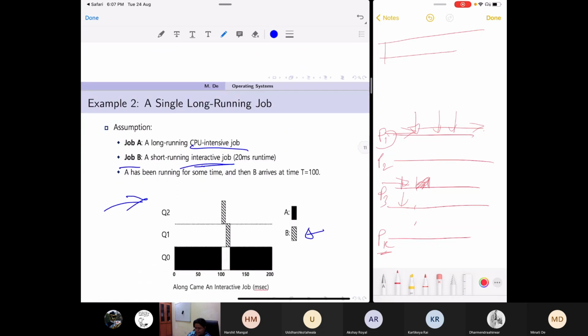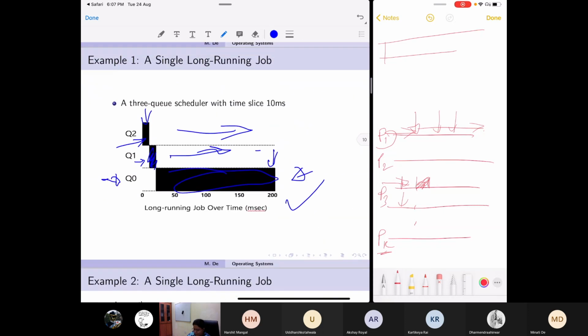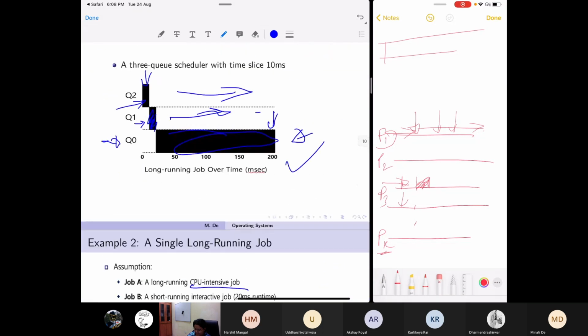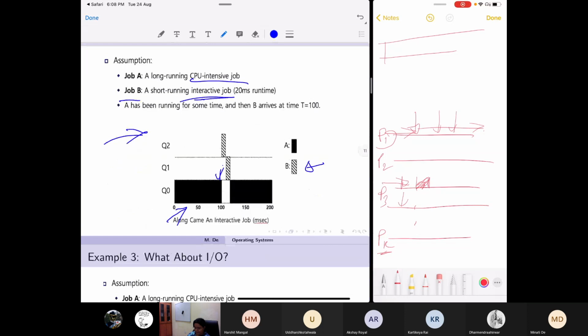Now the second job came. Let's say that job is B. Let's say job B came at this moment. Job A was running in the lowest priority level. If you just run it, it will run in the lowest priority level.